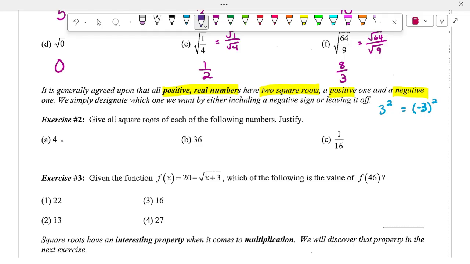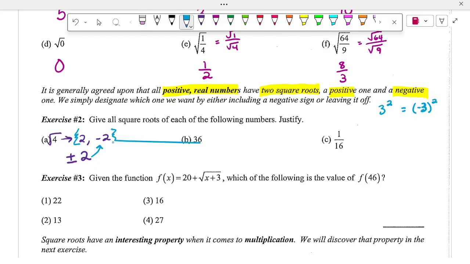So if I took the square root of 4, I would get 2 and what? Negative 2. Now, you don't have to write it like that every time. You can always do the shorthand, which is just using the plus minus symbol. So if you write plus minus 2, that means the positive and negative versions of 2.